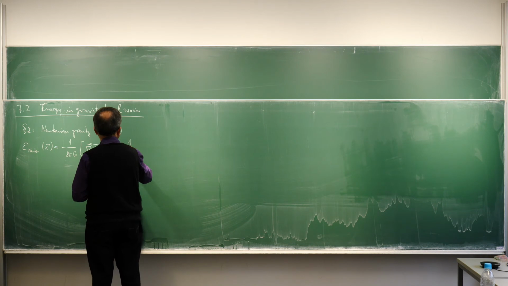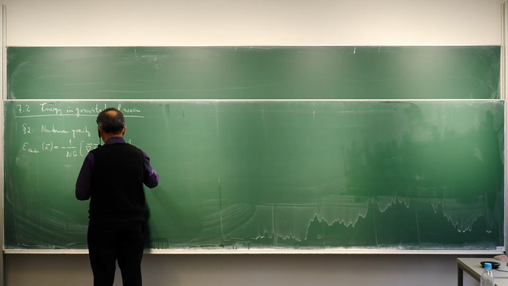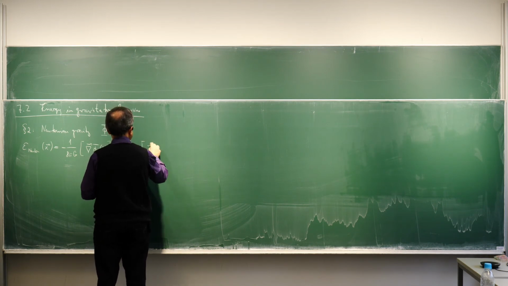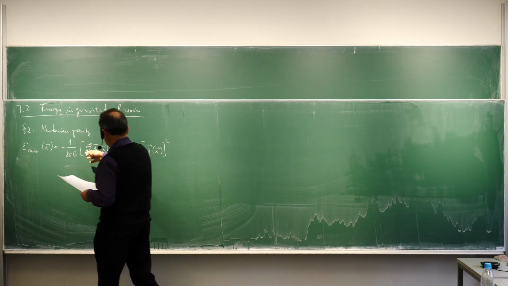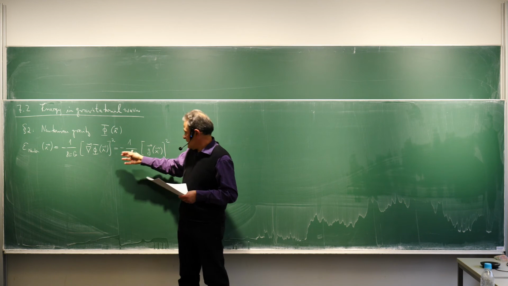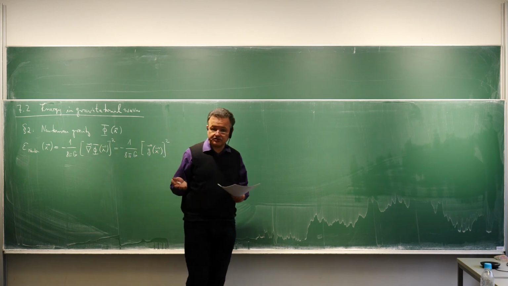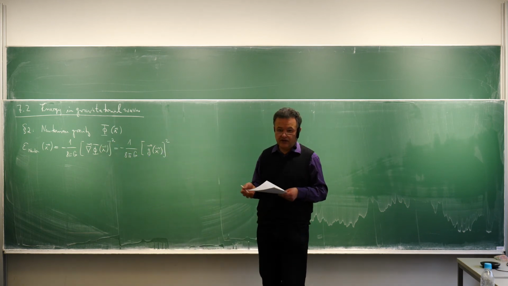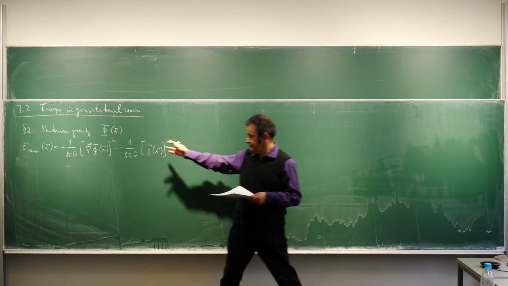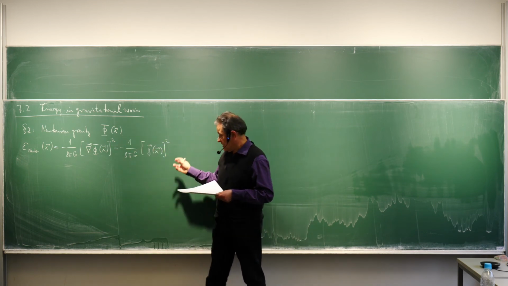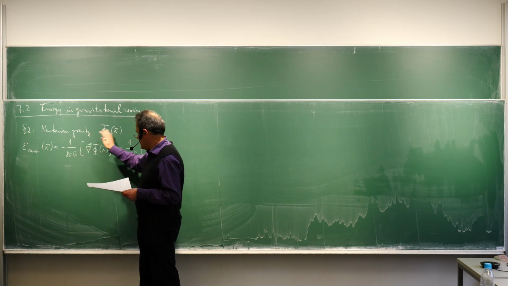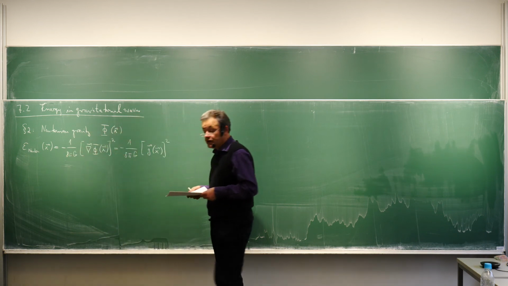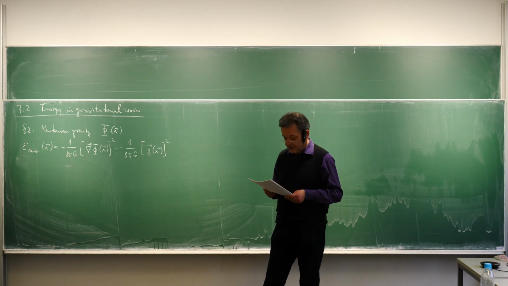So this is minus 1 over 8 pi G, and we have here g of x squared. Now this is an analogous expression to what you have in electrostatics, where you have the electrostatic potential and, with a different prefactor, the energy density of the electric field.